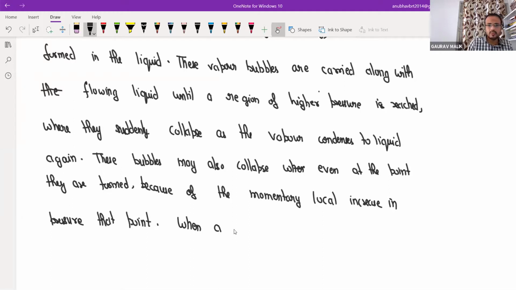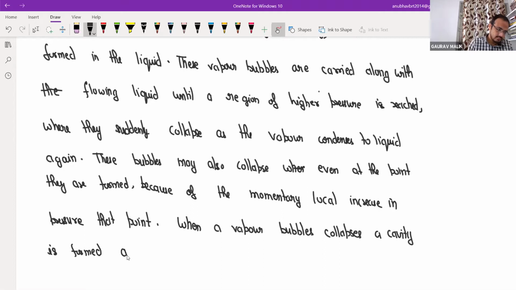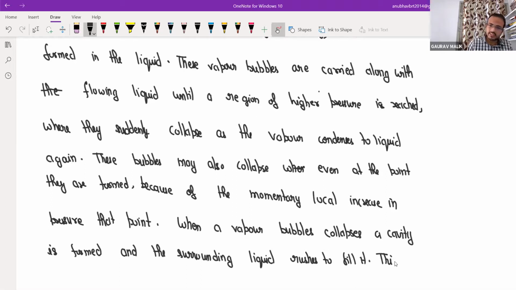So when a vapor bubble collapses, a cavity is formed on the surface, and the surrounding liquid rushes to fill it.